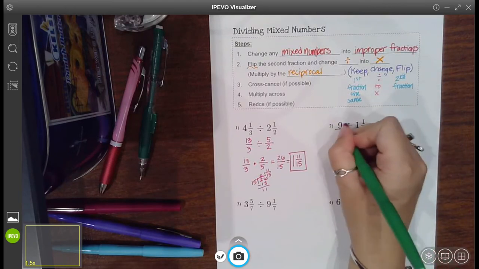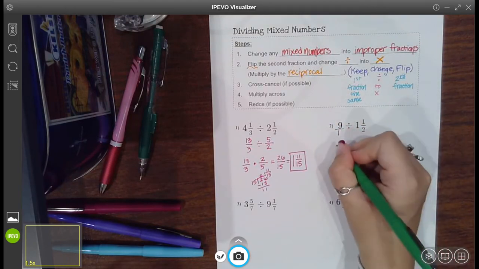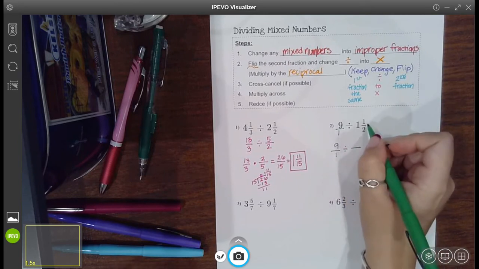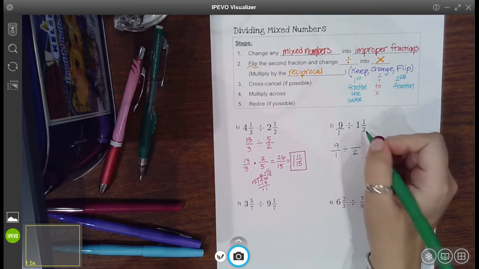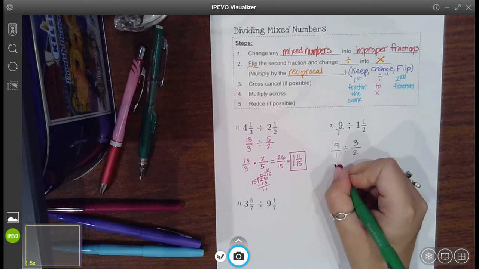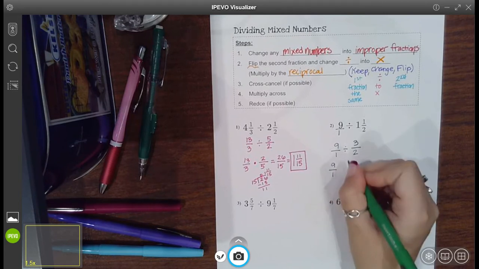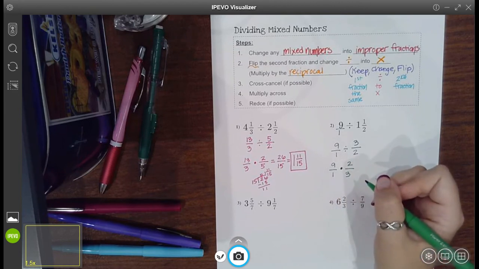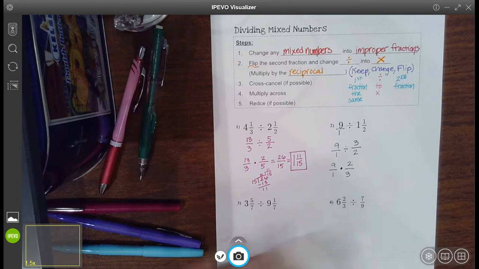Okay, for my next one, that just goes over 1. This one, I need to change it from a mixed number to an improper. So 2 times 1 is 2, plus 1 is 3. Now that I have a fraction divided by a fraction, I keep the first one the same. Change division to multiplication and flip that second fraction. Now, can I cross cancel? Yes, I can.